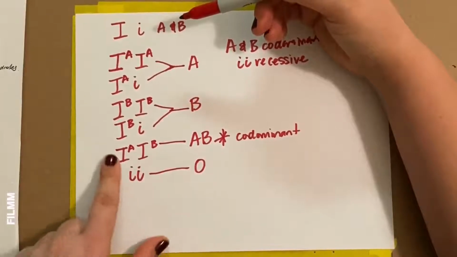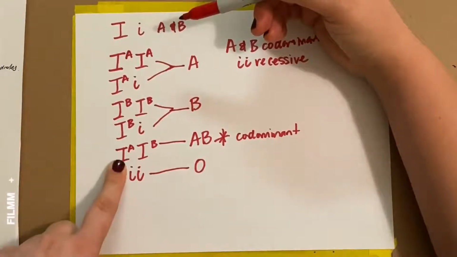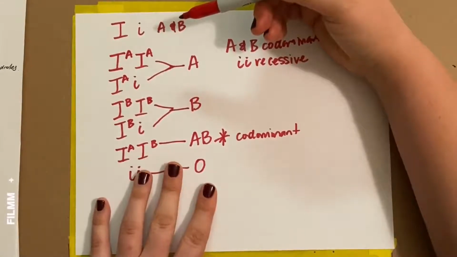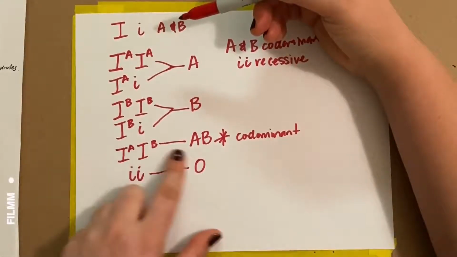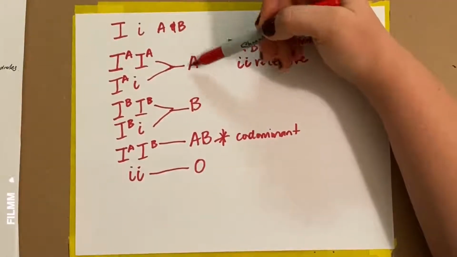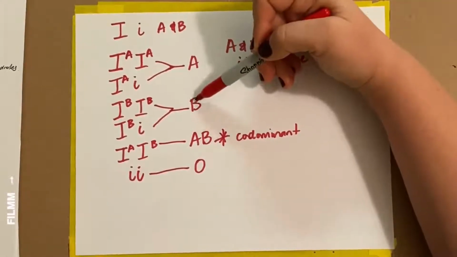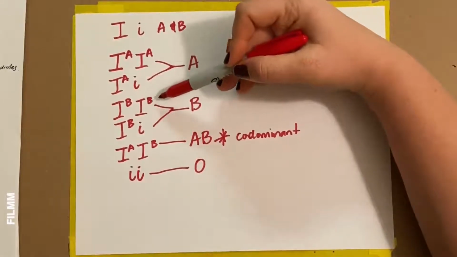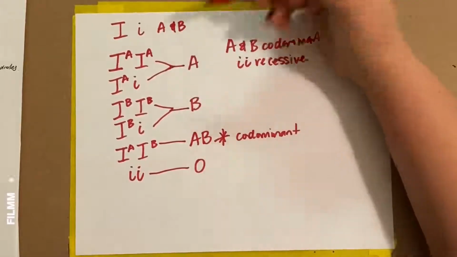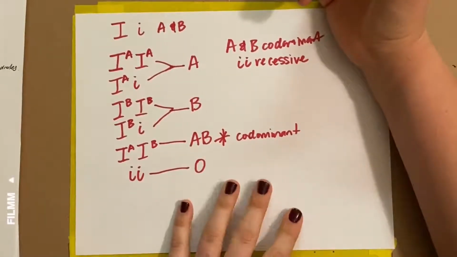It has no carbohydrates on the outside of its red blood cell, so the immune system of the recipient doesn't recognize it as foreign. But if you give a person with A blood type B blood, it will recognize those B's as foreign and attack them. This is why it's very important to have the right kind of blood given to you.